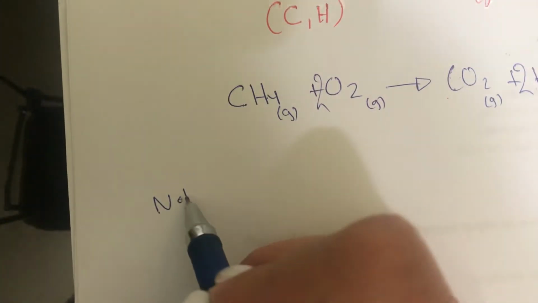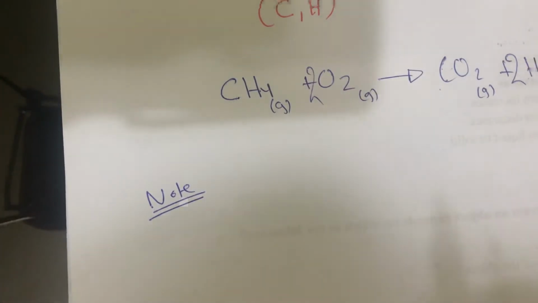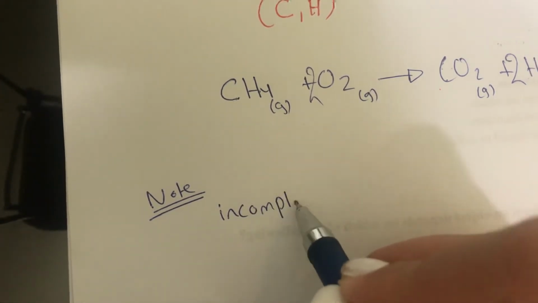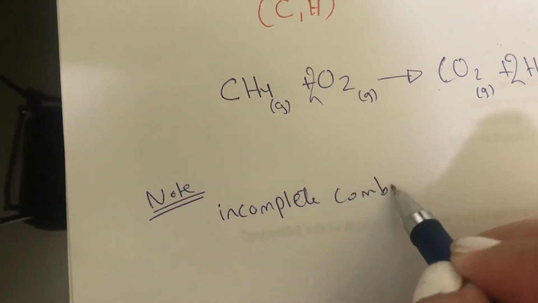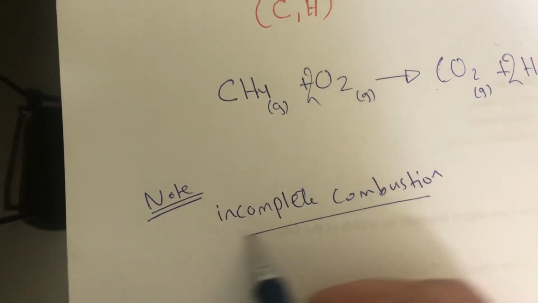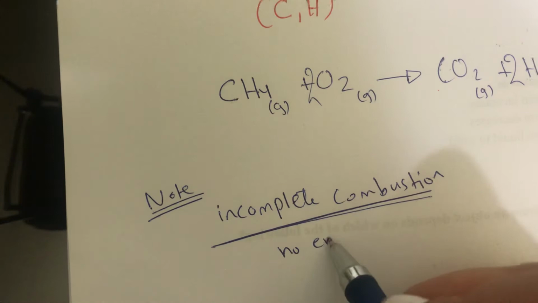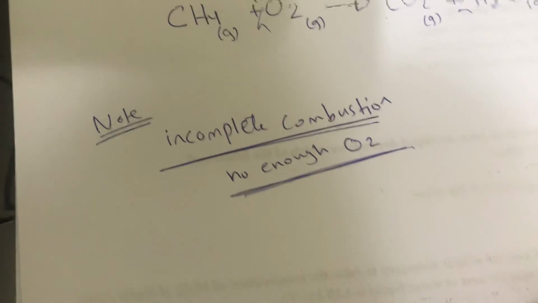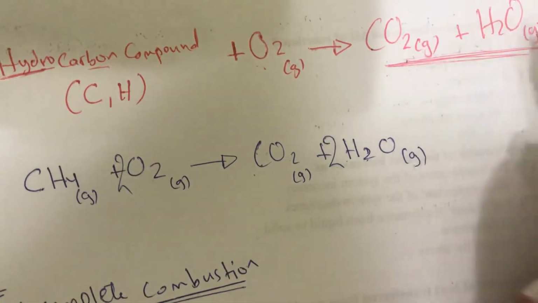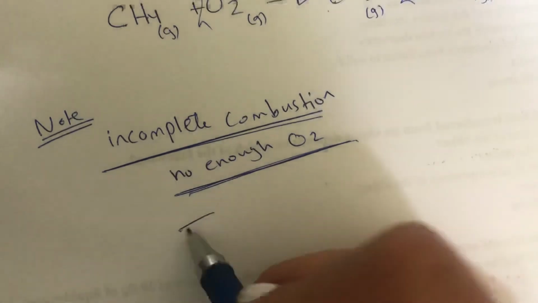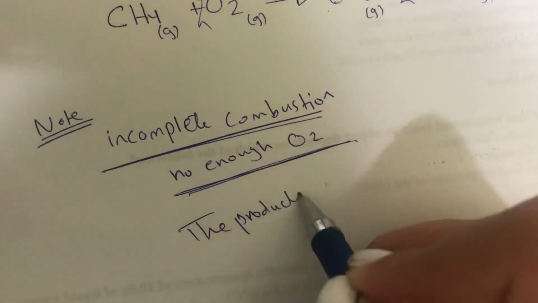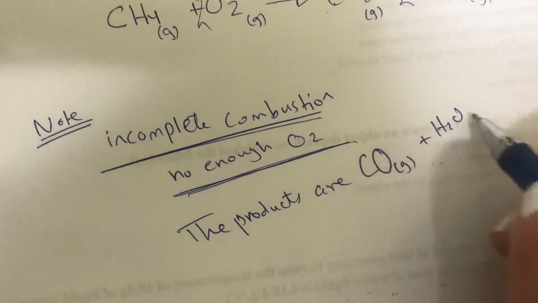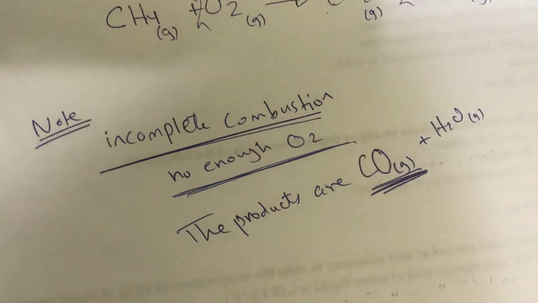Note in the question, if the reaction is incomplete combustion. Incomplete combustion means not enough oxygen. So instead of CO2, the products are carbon monoxide and water. So instead of carbon dioxide, carbon monoxide.